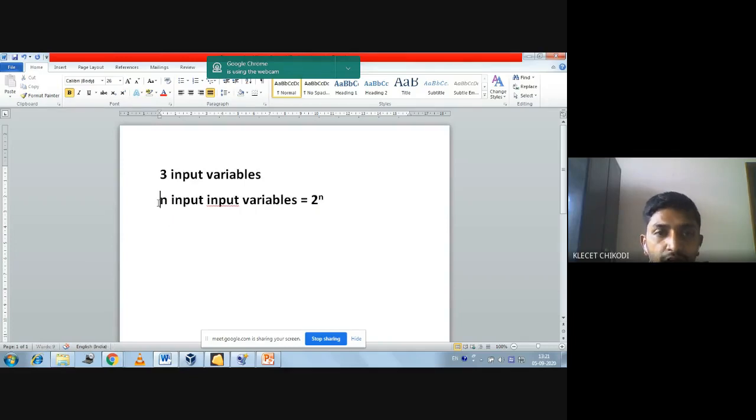So if there are n number of input variables in your logic function, that will have total 2^n combinations of inputs. Fine. Better you note it down, all of you.